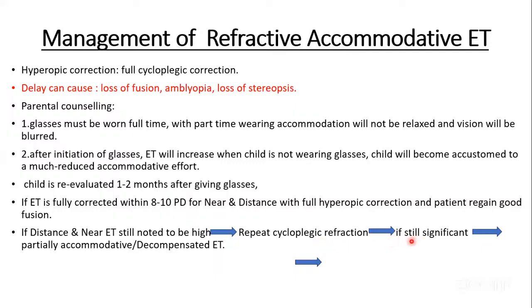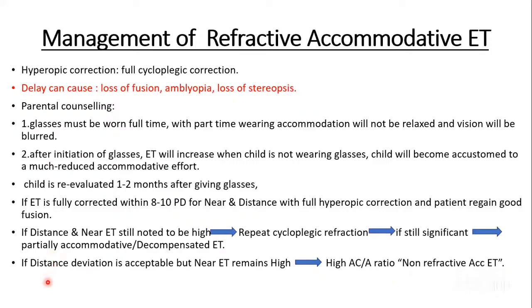If still significant, then the patient has partially accommodative esotropia. If the patient has orthotropia or a small angle at distance, for example 8 prism diopter, but a larger esotropia at near, that is a patient with high AC by A ratio.